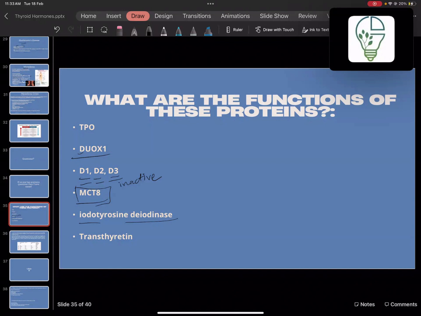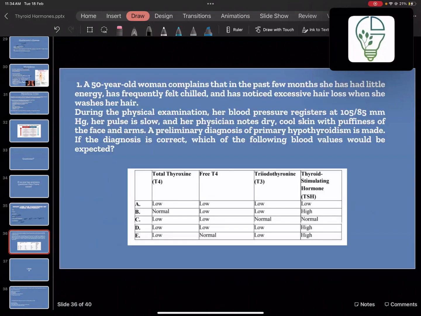It's also present in the thyroid in the beginning, and it changes MIT and DIT back into what they were before, so just tyrosine. Then we have transthyretin, which is basically like TBG, thyroxine binding globulin, and it's present in the CNS, as we said.